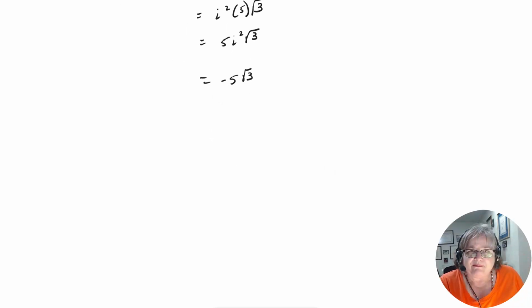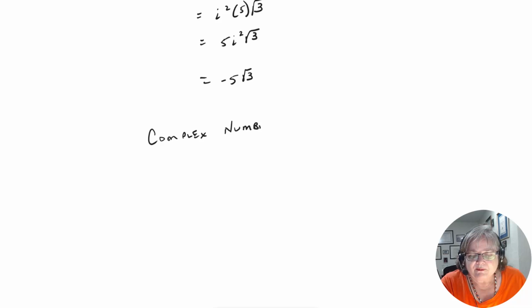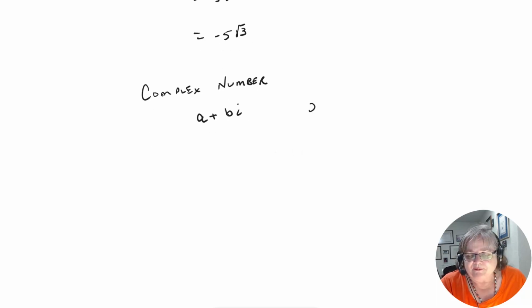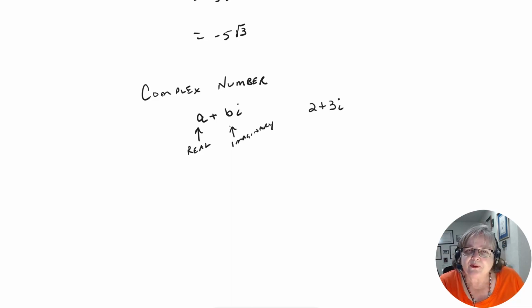Now, what can you do with these imaginary numbers? Pretty much anything that you've done with any other kind of real number. Now, they do talk about what's called a complex number. A complex number is of the form a plus bi, something like 2 plus 3i. That would be an example of a complex number, where this is your real number. It goes first, and this is your imaginary number, and it goes last, kind of like standard form.